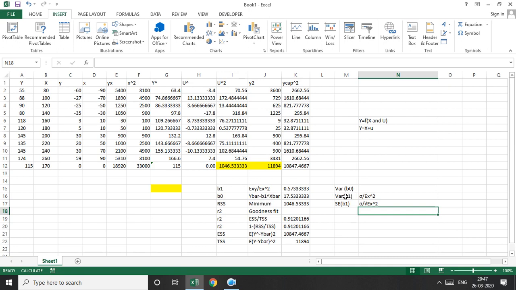Then similarly we can find out the variance of beta 0 and the standard error of beta 0. How can we find out the variance of beta 0?